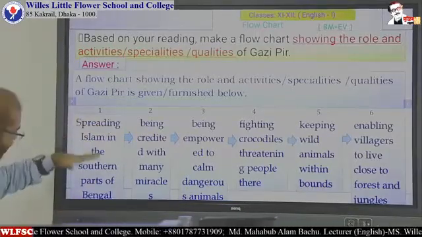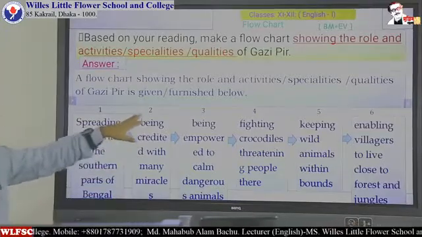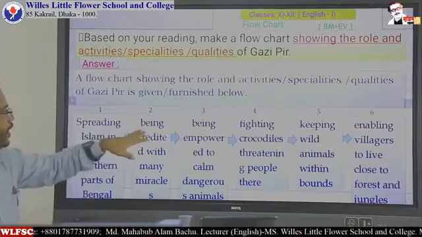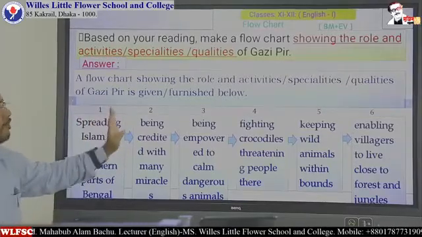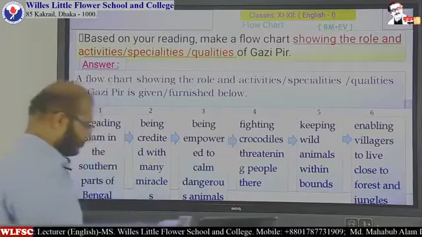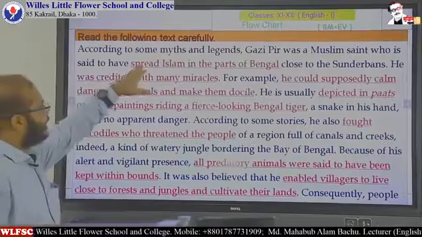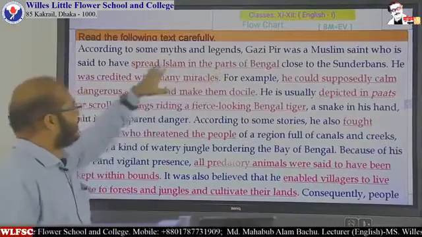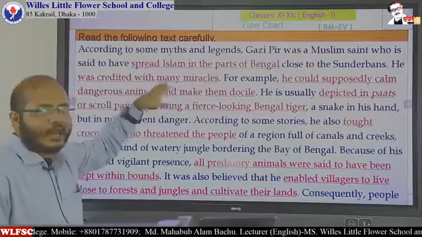For number 2, you have to try to start with verb plus ing for writing the next ones. So go to the main text. You see, spread Islam in the parts of Bengal. This is the first point in our flowchart.